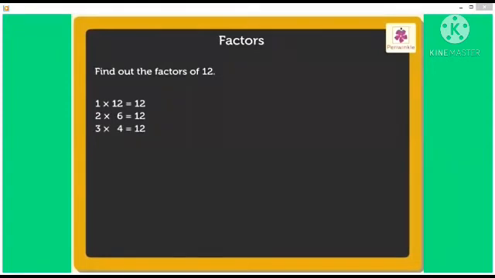So, we get three pairs of numbers that give us the product 12. No other pair of numbers, when multiplied, will give the product 12.